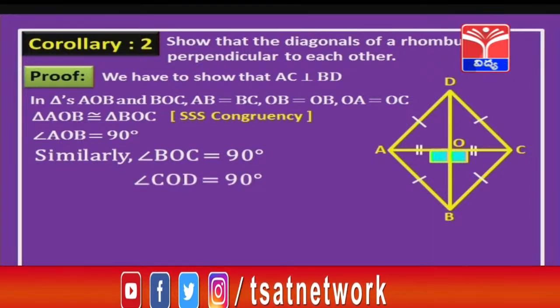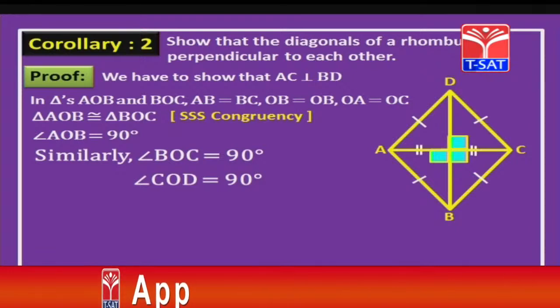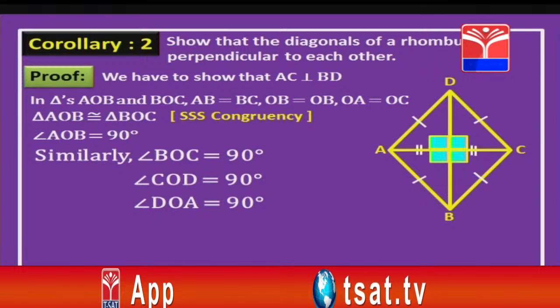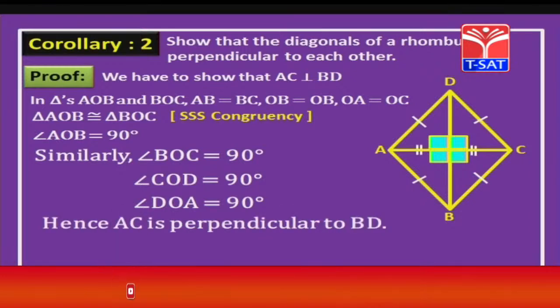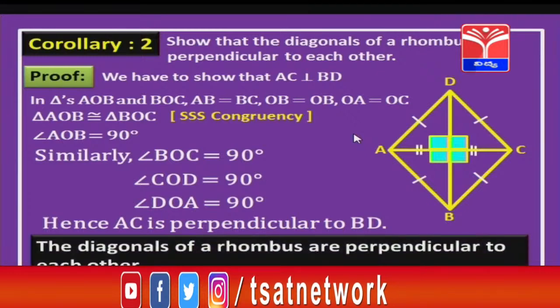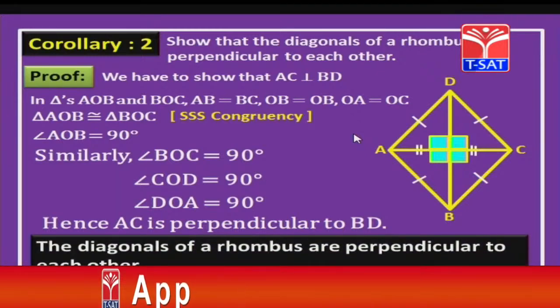Similarly, you can prove COD as 90 degrees and even DOA as 90 degrees. That means I can say that AC is perpendicular to BD because they are intersecting at right angles. So, now we have proved that the diagonals of a rhombus are perpendicular to each other.